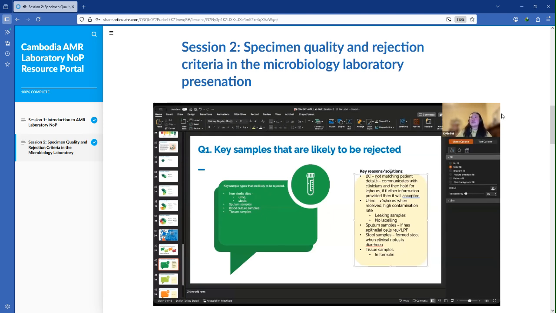I know it was mentioned before that for blood cultures, for example, we hold them for 24 hours, and then if the doctor would like to relabel or can vouch that this sample did come from this patient, we will then process it. So that's somewhat of a solution. With the urine samples that are coming after 24 hours, is there any solution we can think of?